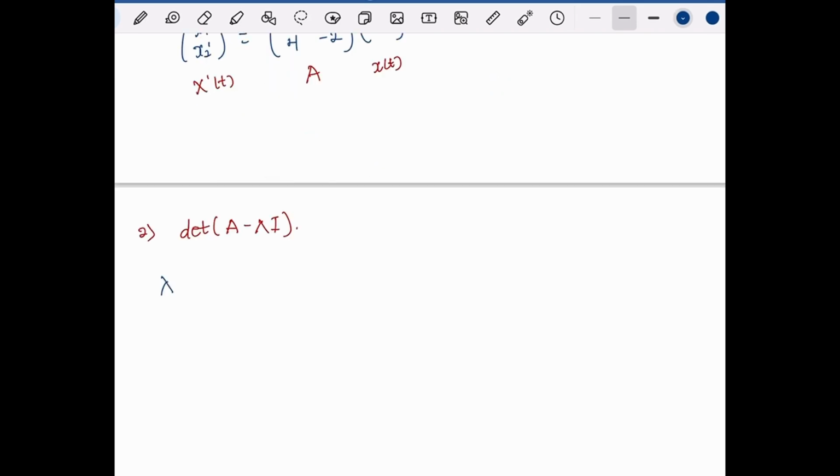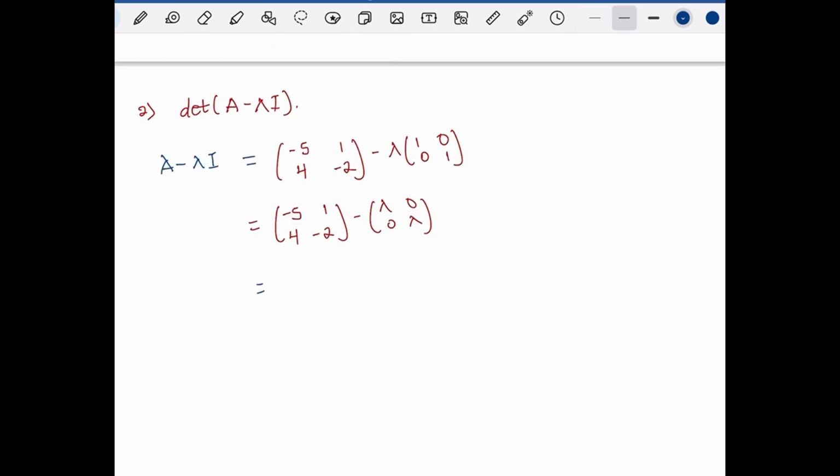Firstly, let's find A minus lambda I. Let's simplify further to see what we're going to get. Good. So now this is your A minus lambda I. Then you find the determinant of this matrix.